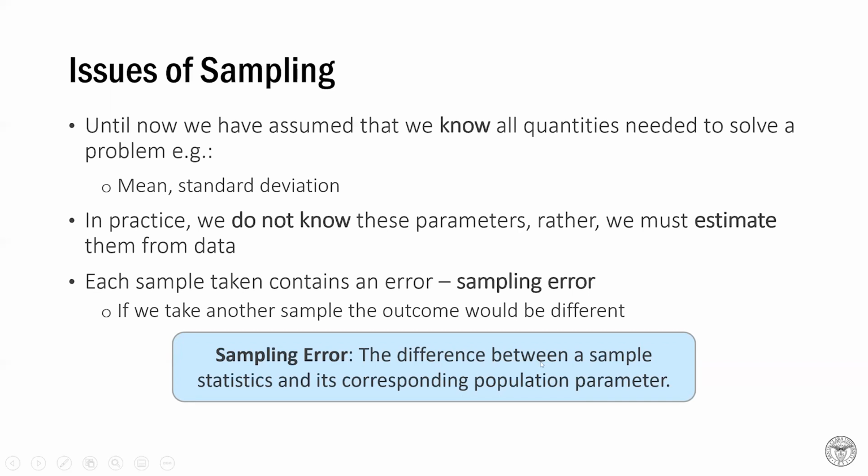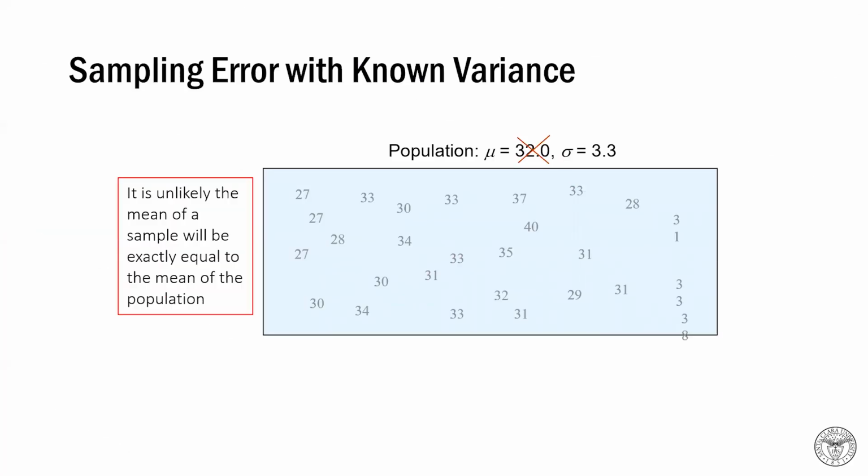We can expect there to be sampling error between sample mean and standard deviation and the corresponding population mean and standard deviation. In this example, we assumed that we know the standard deviation of the distribution. Suppose that we have a population with a mean of 32, although we do not know that before sampling.